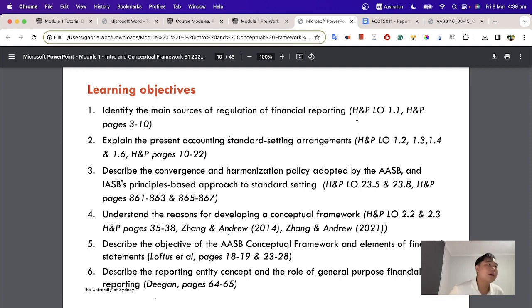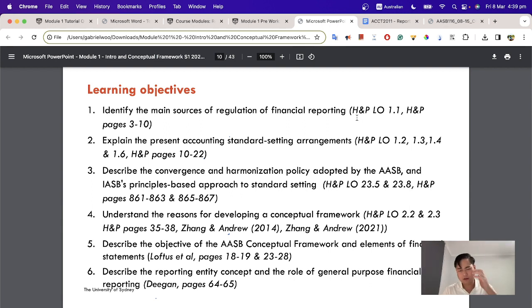The USA has FASB, the Financial Accounting Standards Board, that sets the US GAAP, Generally Accepted Accounting Principles. We're not going to touch on that. For the purposes of our course, we are going to be focusing on AASB and the Australian interpretation of the International Financial Reporting Standards, the IFRS, as set out by the IASB.